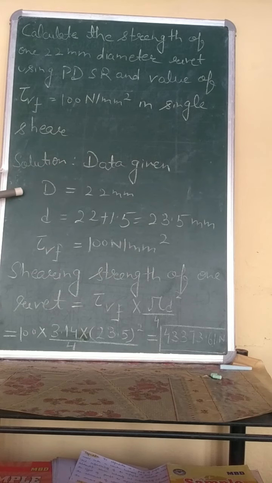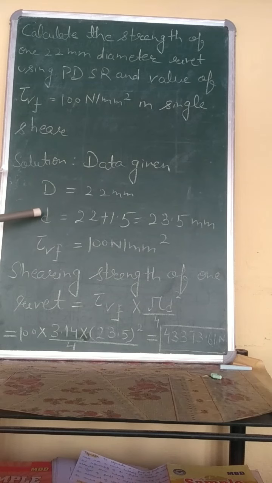What we have given in this question, the value of D is already given, that is 22 mm. So firstly we have to calculate the value of small d, that is gross diameter. What is the difference between the nominal diameter and gross diameter? That is already uploaded in the earlier video. You can check the video showing technical terms used in the riveted connection.